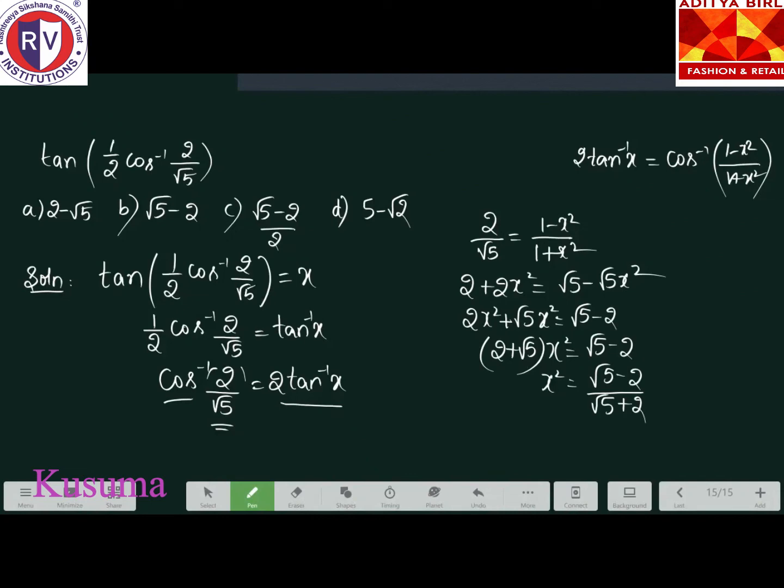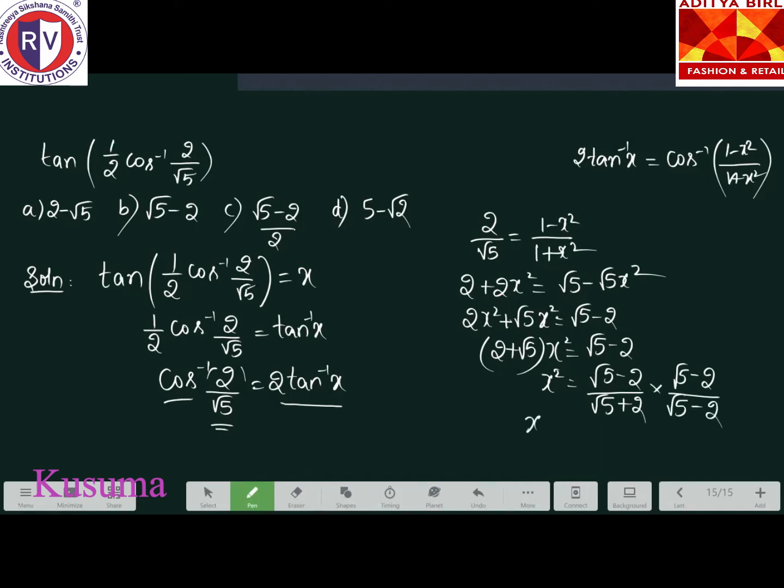Now, once again, we have to simplify this by rationalizing the denominator. That will give you the value of x square. And then you have to find out the root of it. Into root 5 minus 2 divided by root 5 minus 2.